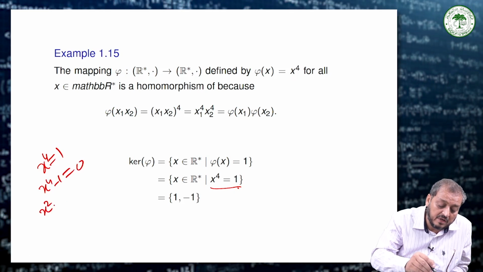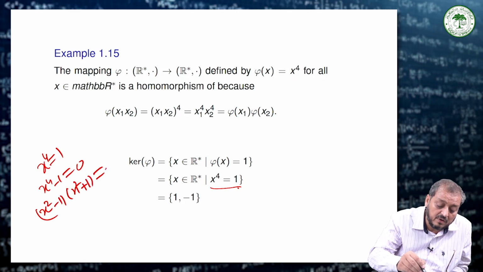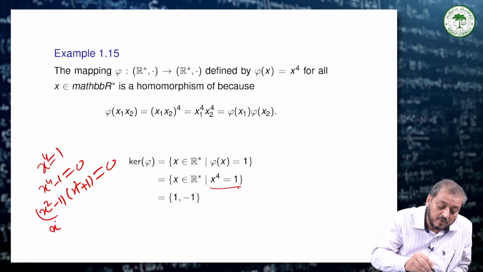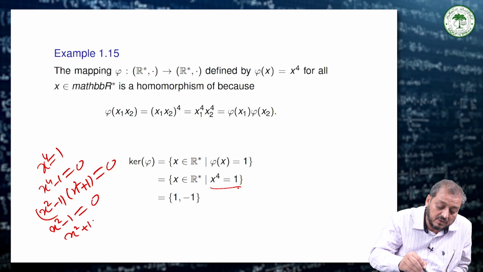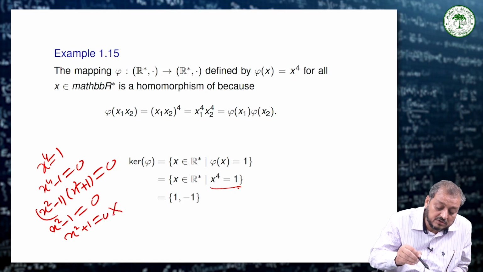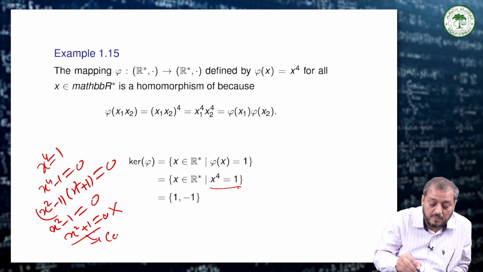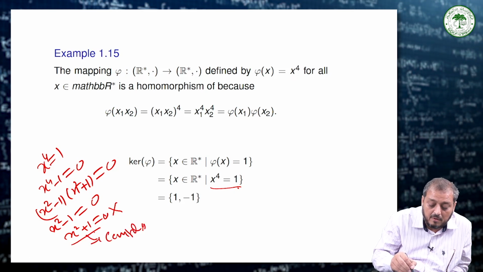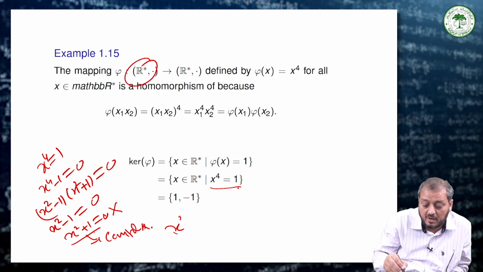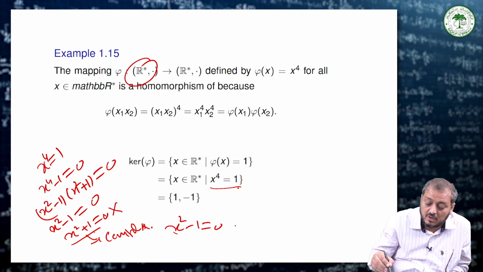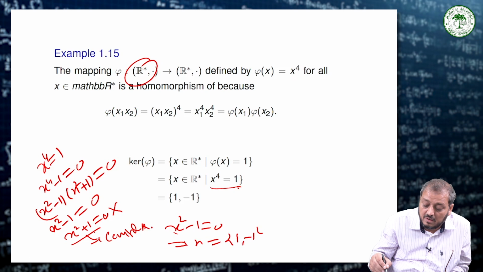Then this can be written as (x square minus 1)(x square plus 1) is equal to 0. Now the possibilities are x square minus 1 is equal to 0 or x square plus 1 is equal to 0. The latter is not possible because it gives complex roots, but our set is real. So the only possibility is x square minus 1 is equal to 0, which means x is equal to 1 or minus 1.